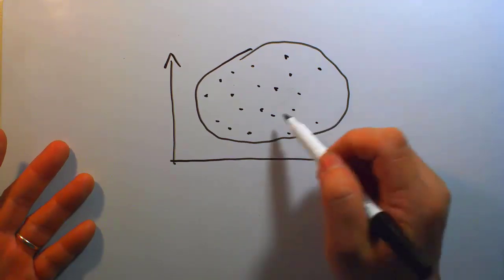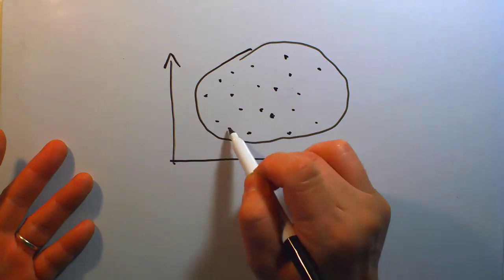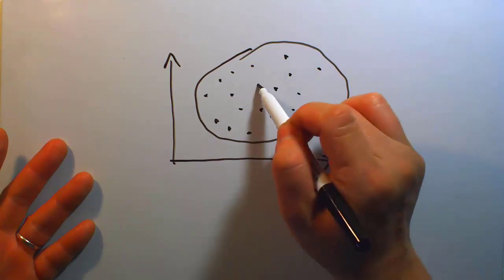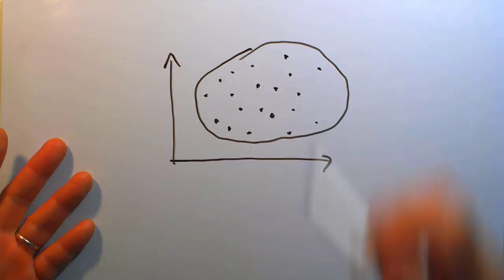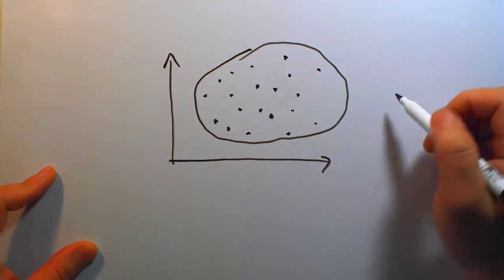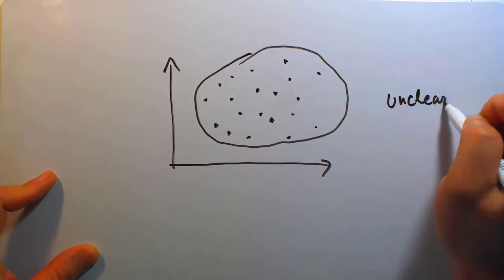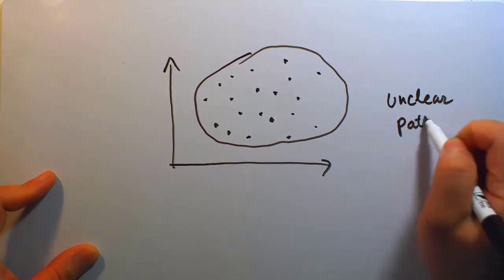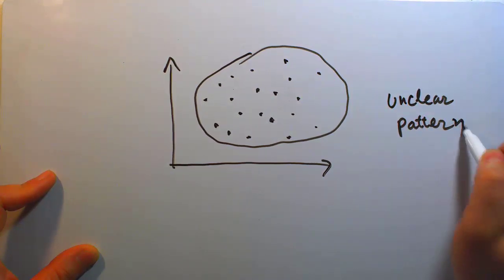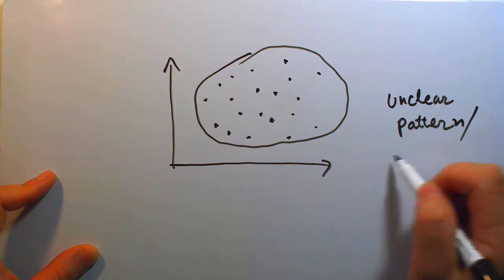I see this as clueless. I cannot recognize a pattern at all. So with a scatter plot like this, through the eyes, we can say that we have an unclear pattern, or an unclear correlation.